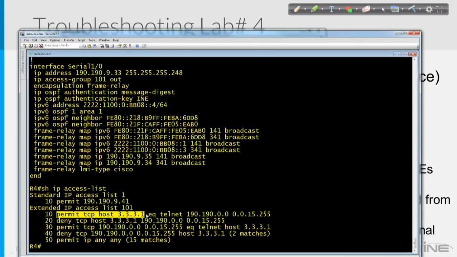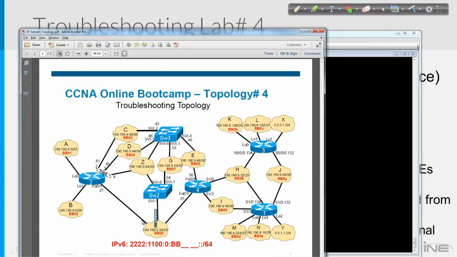That would not be the source of any packet going out that interface. Deny TCP from the host 3331. Once again, this is an outbound access list, placed right here, going in this direction. So there's not going to be any packets going in that direction with a source address of 3331. That's not going to happen.